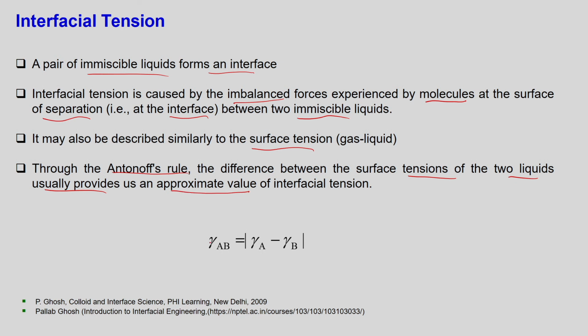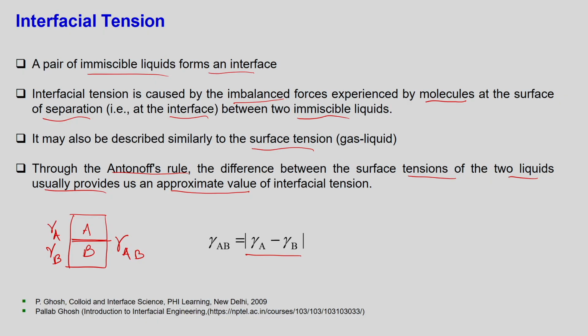It means that if you are mixing two liquids, let us say A and B, the interfacial tension, that is gamma AB, is equal to the modulus of the difference between gamma A and gamma B. The modulus is given because we engineers are usually interested in positive values. We do not know which phase has the higher tension or which one is denser; I just drew it this way to help with the representation. So, this is Antonov's approximate rule.